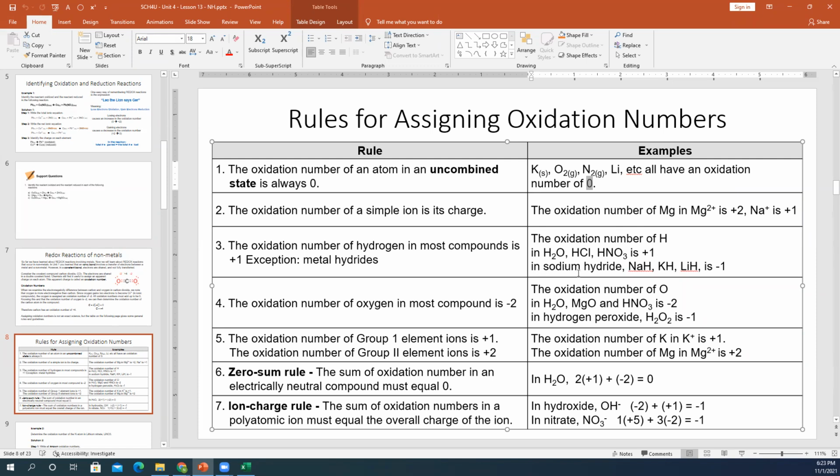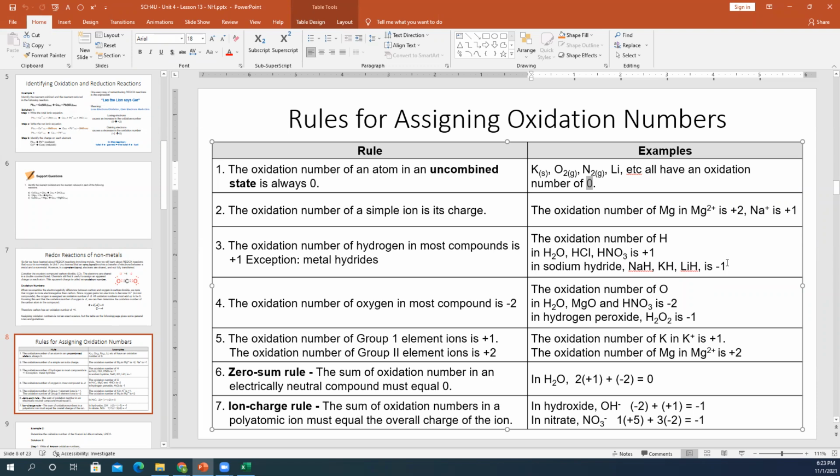But in metal hydrides, such as sodium hydride, potassium hydride, and lithium hydride, which are the exceptions here, the oxidation number for hydrogen is -1.